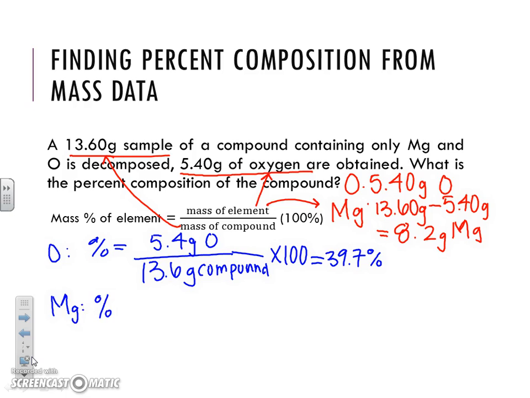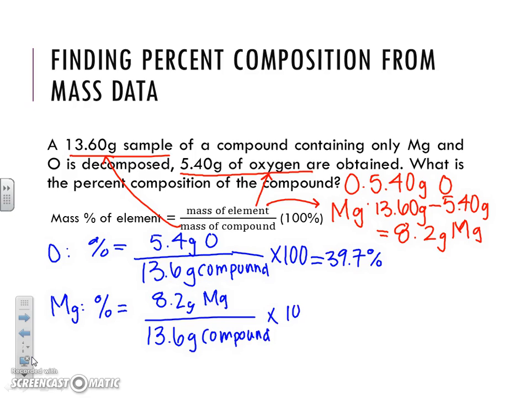We can do the same thing for magnesium by taking the 8.2 grams of magnesium that we know is in the compound and dividing it by the mass of the compound, and then multiplying by 100.